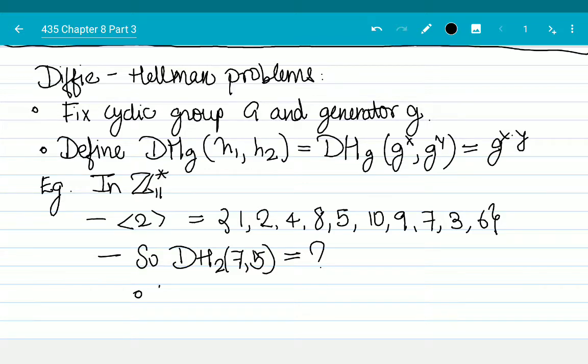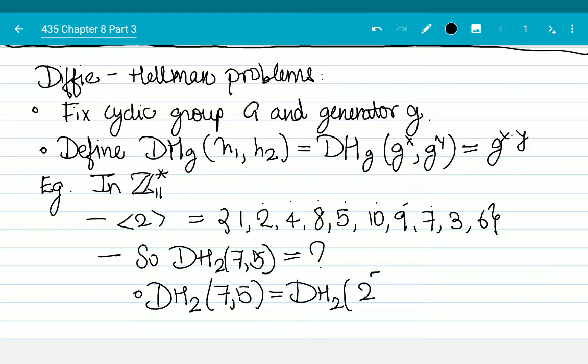Well, Diffie-Hellman 2 of (7, 5) is Diffie-Hellman 2 of (2 to the 7, 2 to the 4), which is equal to 2 to the 7 times 4, which is 28.